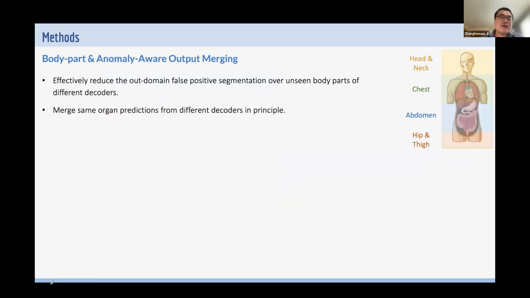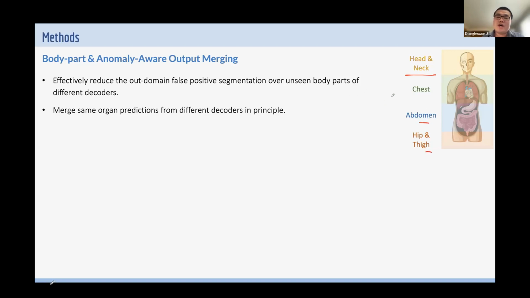The third part is anomaly aware output merging. Because we always need a way to merge everything together, right? Think about the effect. We noticed that if we train a decoder on head and neck organs, this decoder only sees the head and neck region, without any knowledge of the abdomen and hip and thigh.